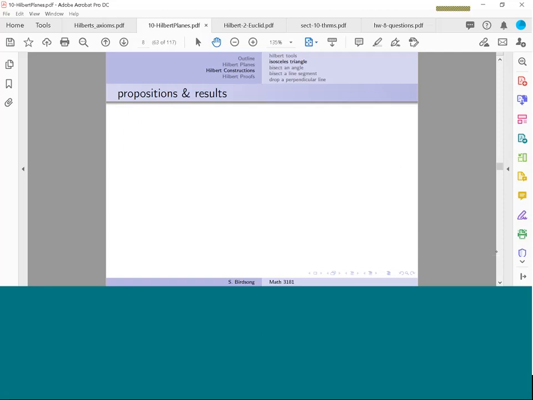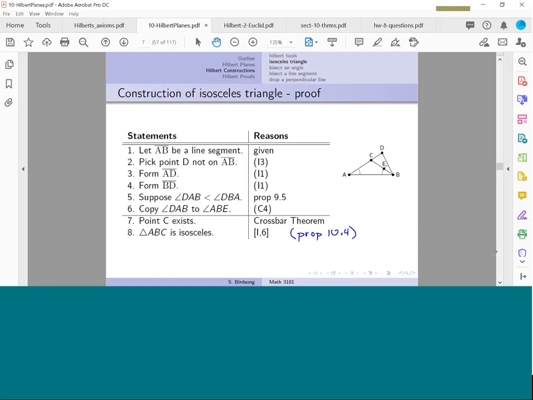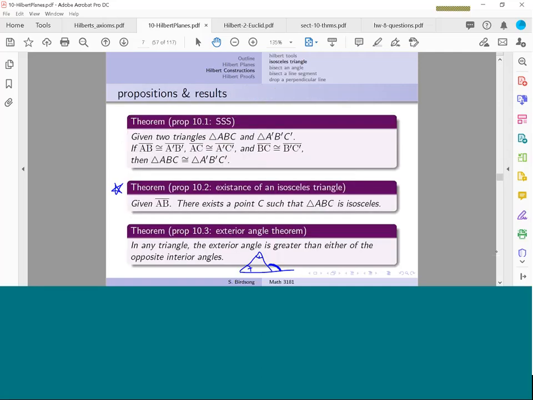And that's why we had to specify back here at step 5 of our previous example which angle was smaller. That way we could copy it to inside of your triangle, and the crossbar theorem actually applied. Okay. And this one, I believe, is Proposition 16 from Euclid's Book 1, and side, side, side is Proposition 8 from Euclid's Book 1.